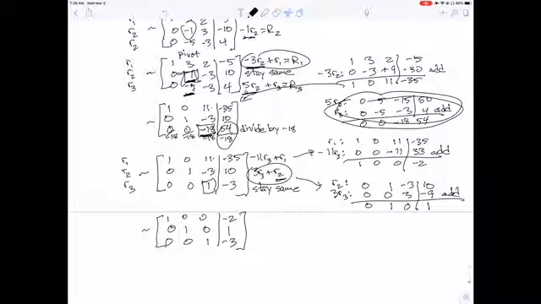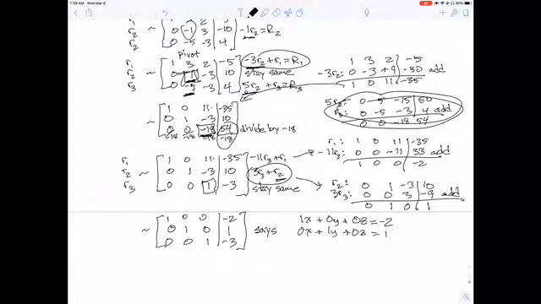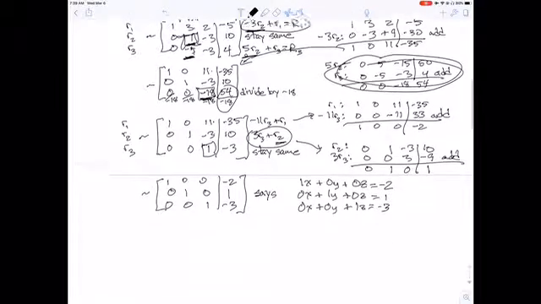This largely completes the process, and it may not be clear, but we have a system now that says 1x plus 0y plus 0z equals negative 2, 0x plus 1y plus 0z equals 1, and 0x plus 0y plus 1z equals negative 3.